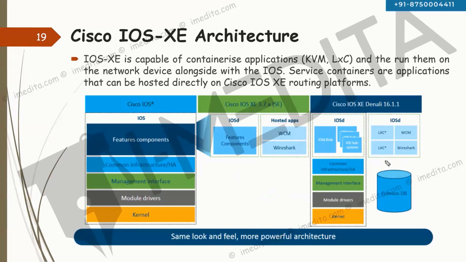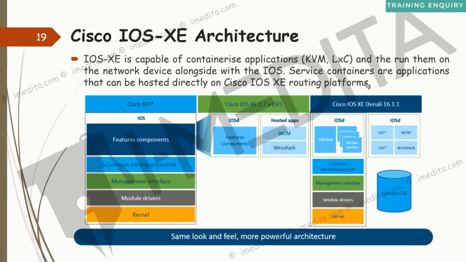For example, IOS XE supports running applications in a containerized environment. We can run applications within a container within the box itself. We can have, like, four containers, and in these four containers we can run four different types of application, and all those applications will run on the same switch, same box.